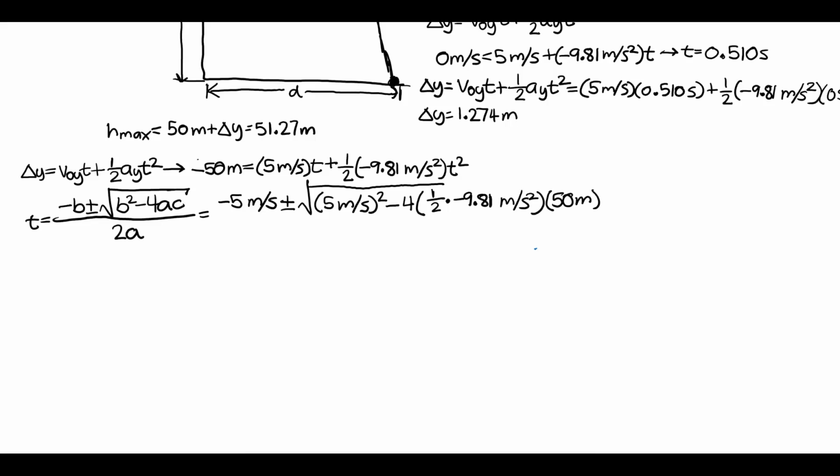And note that c is positive. All of that over 2a. But the 2 and the 1/2 cancel, so we just have negative 9.81.